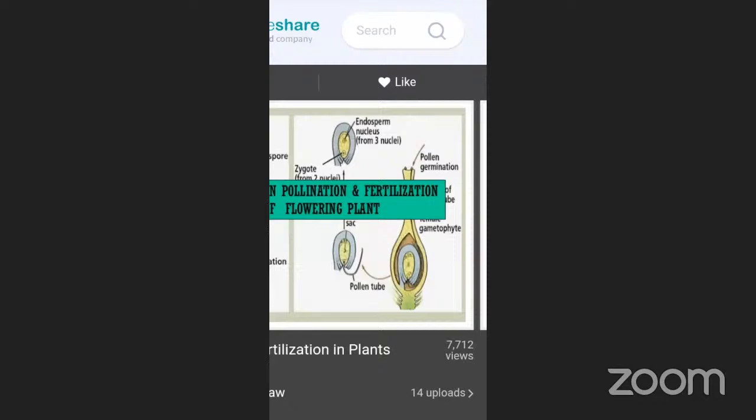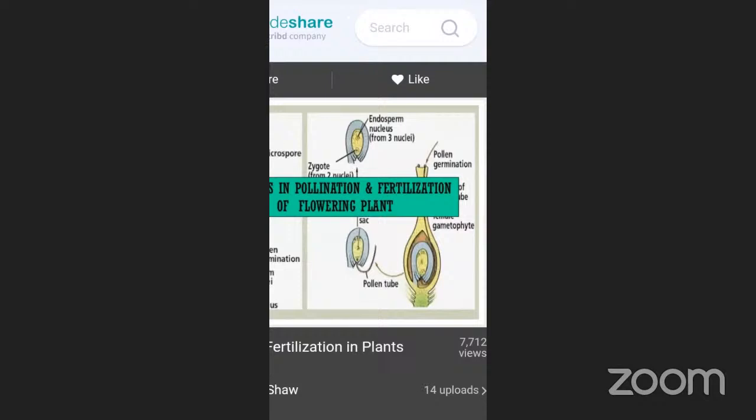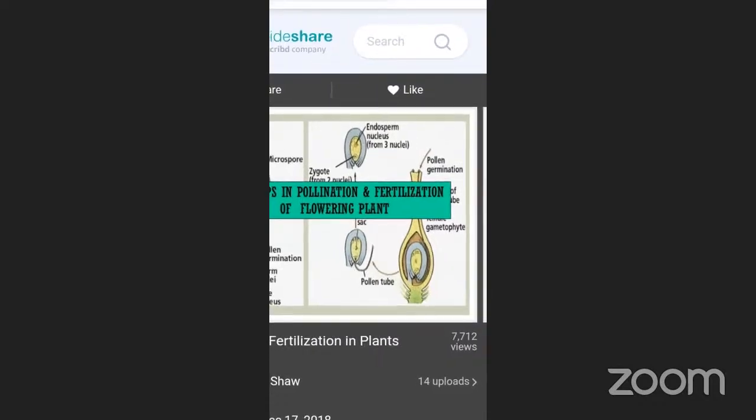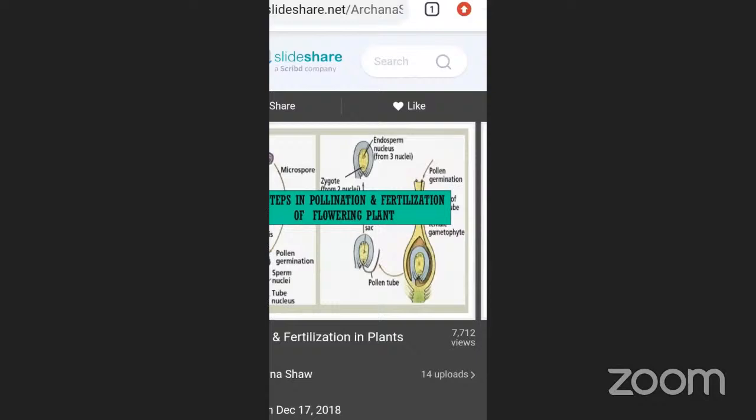Finally, they form the embryo. This is double fertilization and triple fusion.